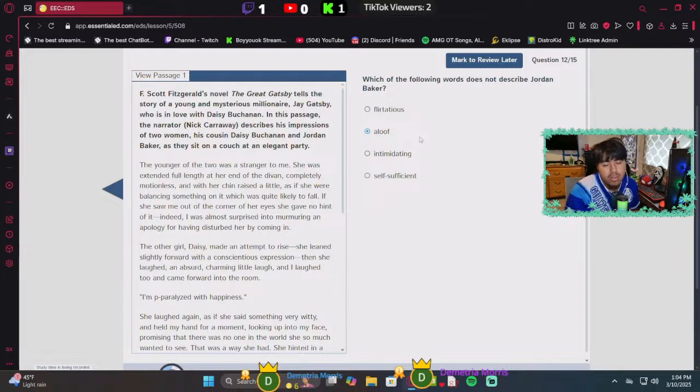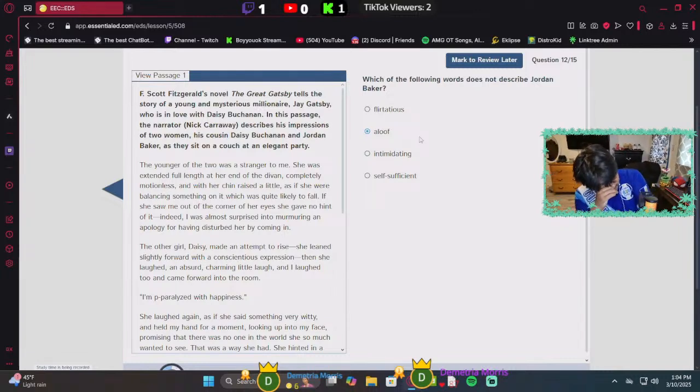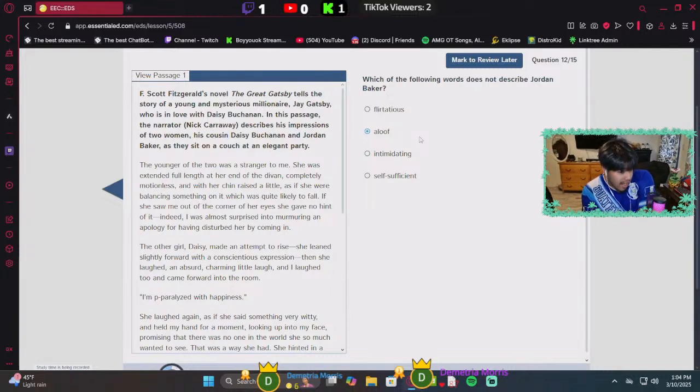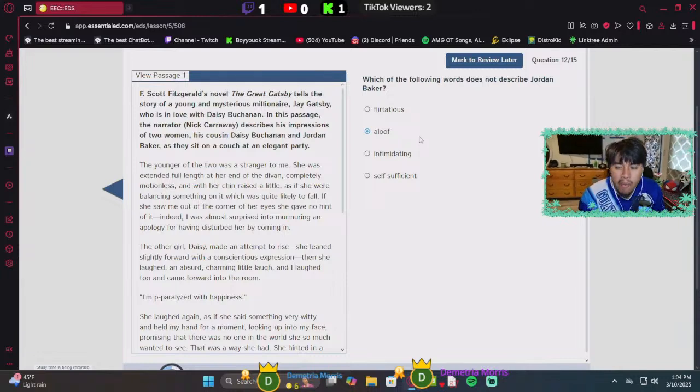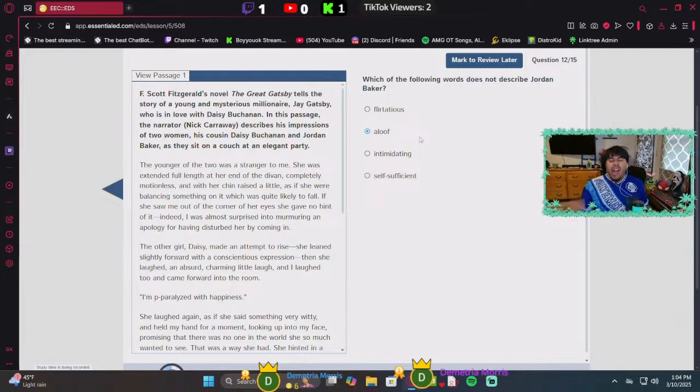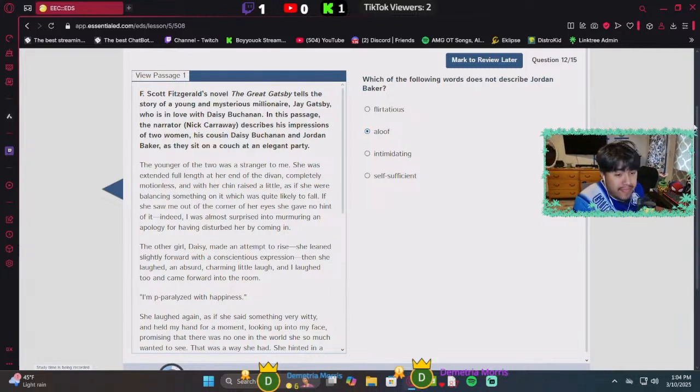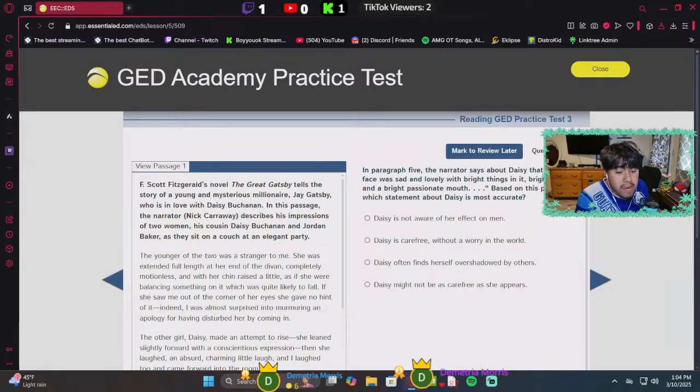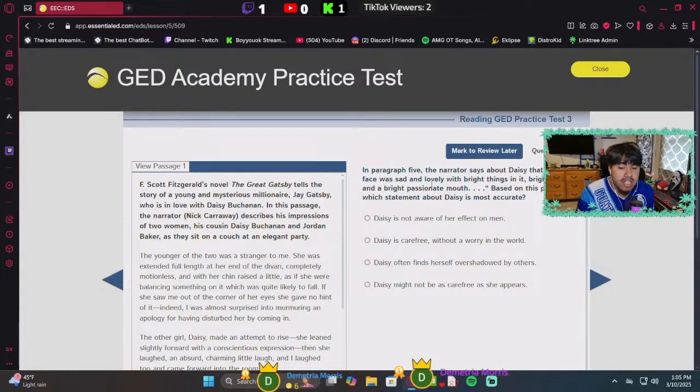What does aloof mean? Like, what? I'm over here yawning. That's how bad it is, bro. In paragraph 5, the narrator says... you ranked up, go crazy.